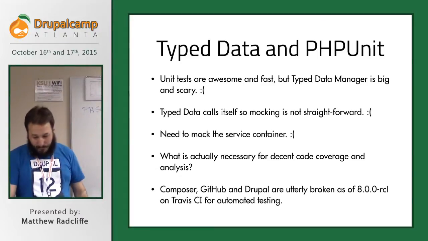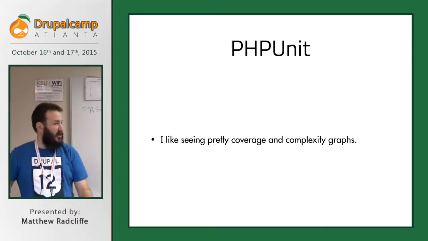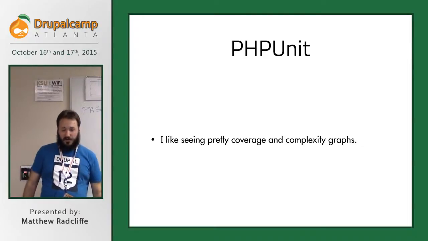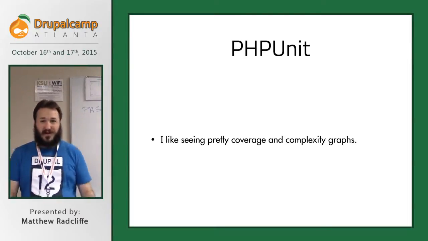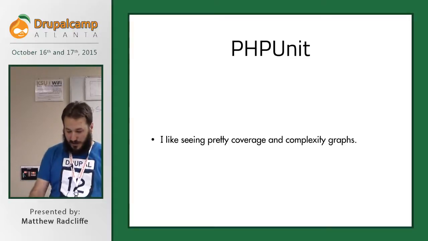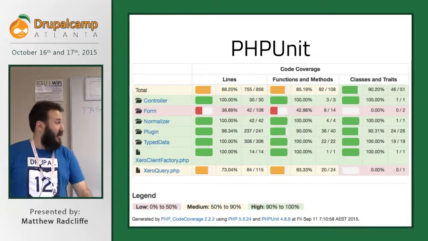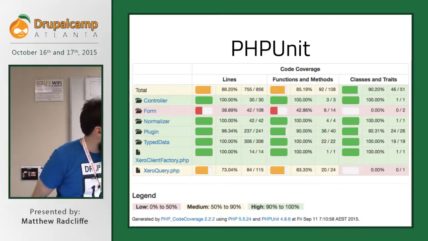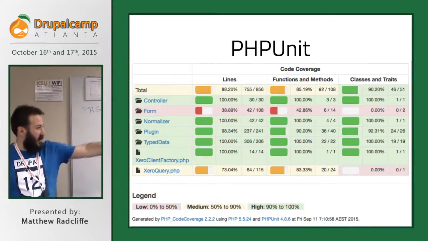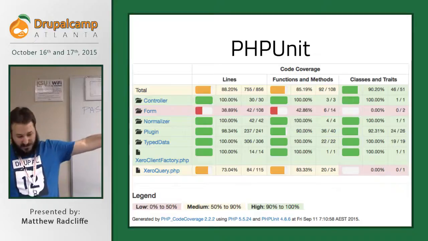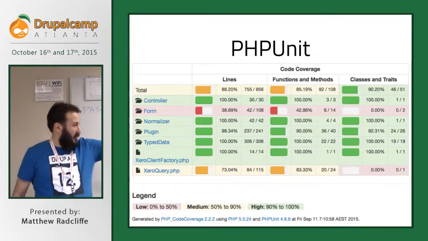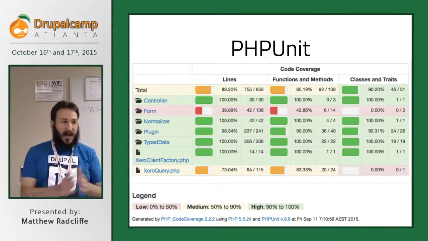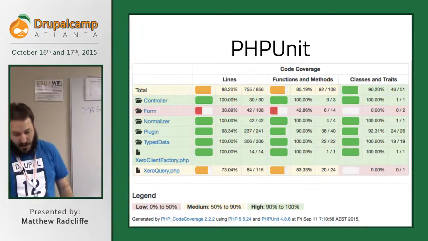That was a headache. So with PHPUnit, I like to see pretty coverage and complexity graphs. It's hard to see because of the color, but obviously the one that's 39% is in red, and everything else is kind of in green here. So I'm like, yay, colors!